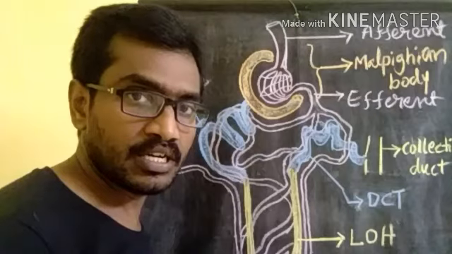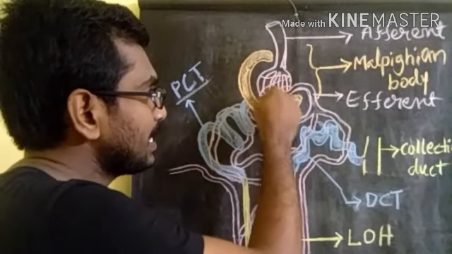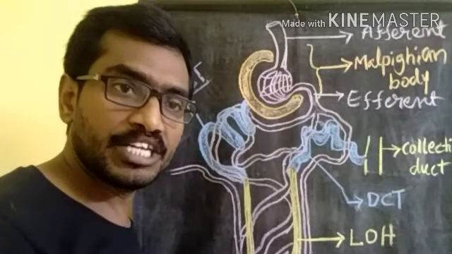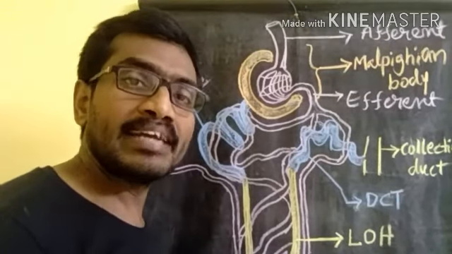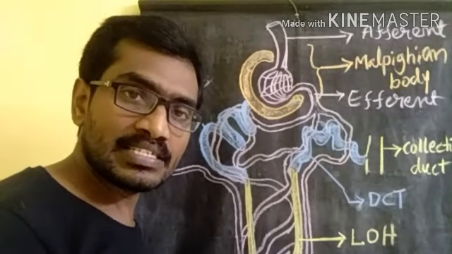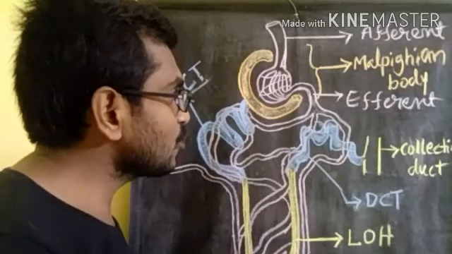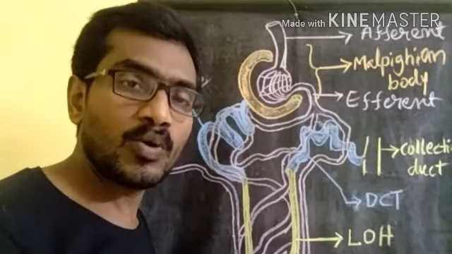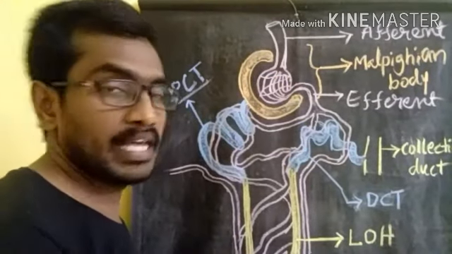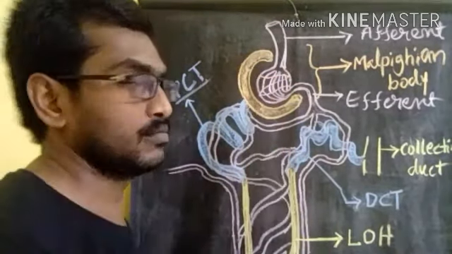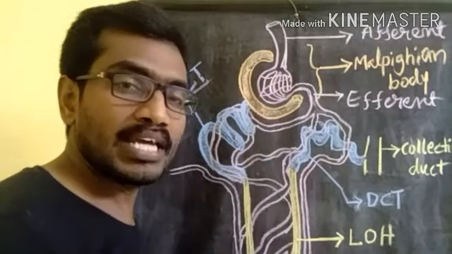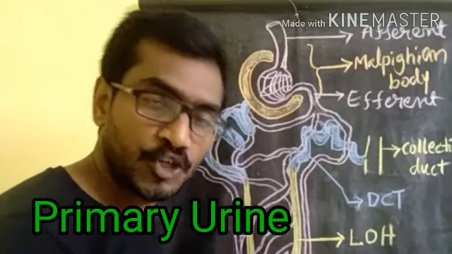Due to that pressure, through the small holes on the capillary walls, blood gets filtered. Except blood cells and proteins, all water soluble substances get filtered here into the Bowman's capsule. That filtrate we call primary urine.